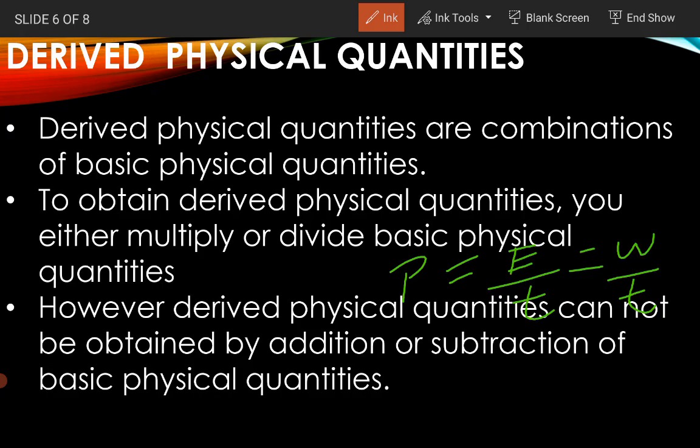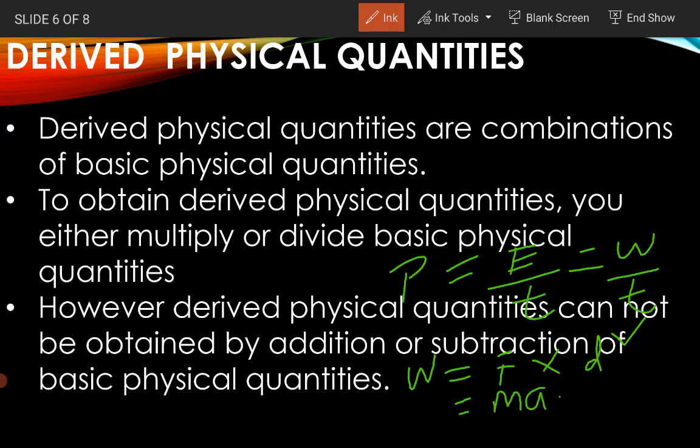But the energy is also the same as work done. So work is force multiplied by distance. Distance is a basic quantity. And remember, force is mass times acceleration.